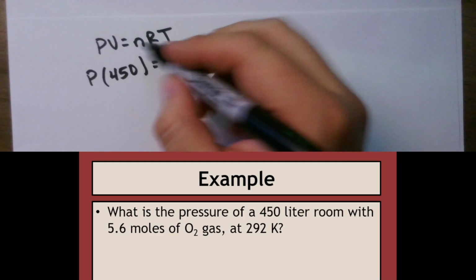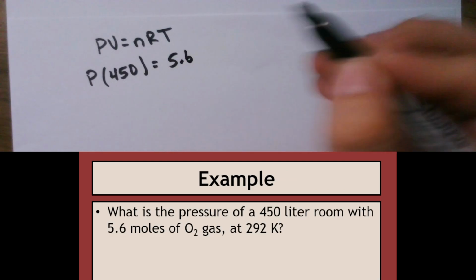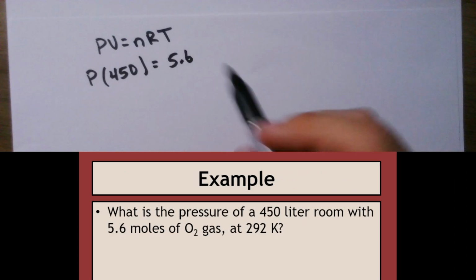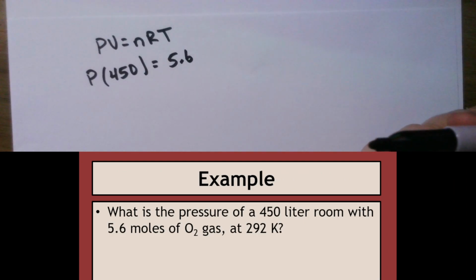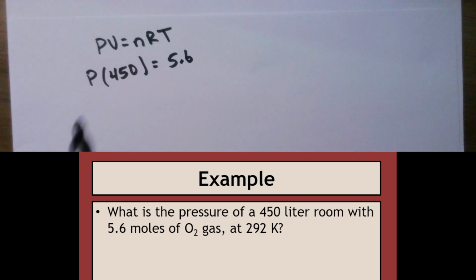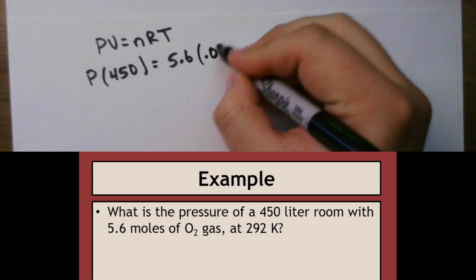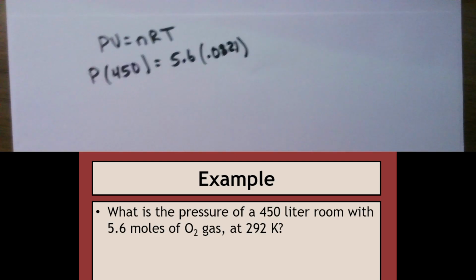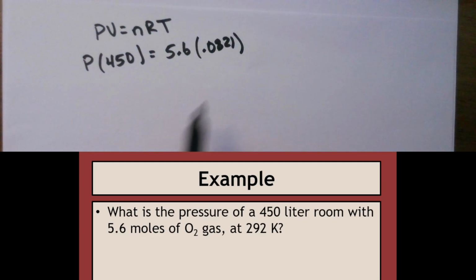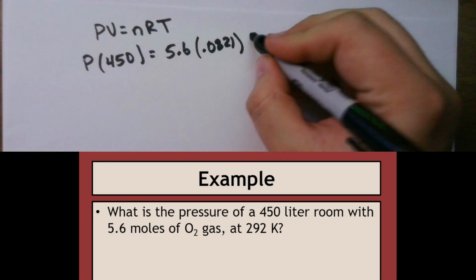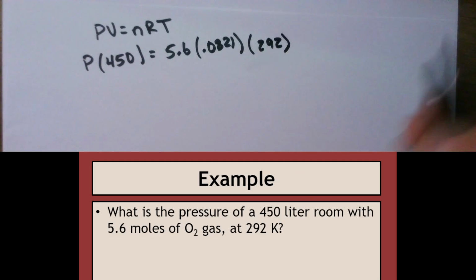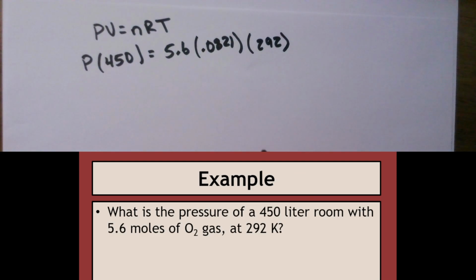N, your number of moles, is 5.6. For R, we have 3 different values, and it doesn't tell us specifically which pressure unit we need, so we can use any of them. I'm going to use 0.0821 because that one's used most frequently, and that will make my unit ATM for pressure. Temperature is 292. It's already in Kelvin for me, so I don't need to change anything.